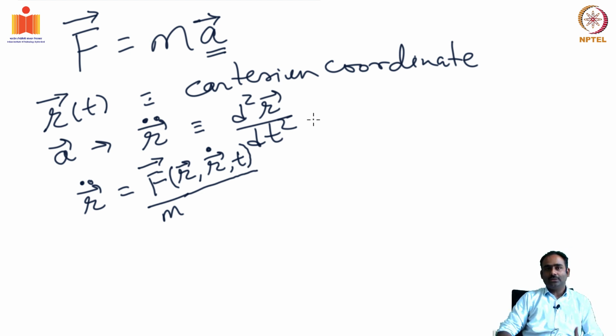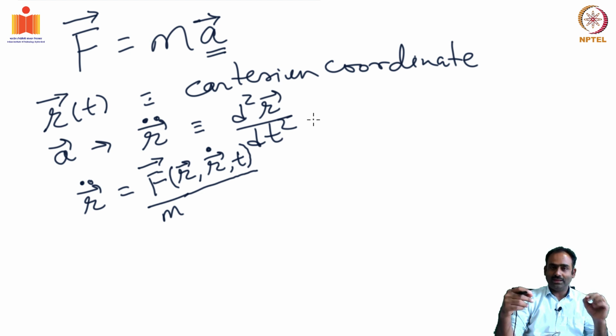Now, when you look at this equation, what comes to your mind? And there are several things which we can think of. One is at a very philosophical level. You see, what this equation is saying is that if you tell what are the forces this particle is experiencing, I can tell what the acceleration is.